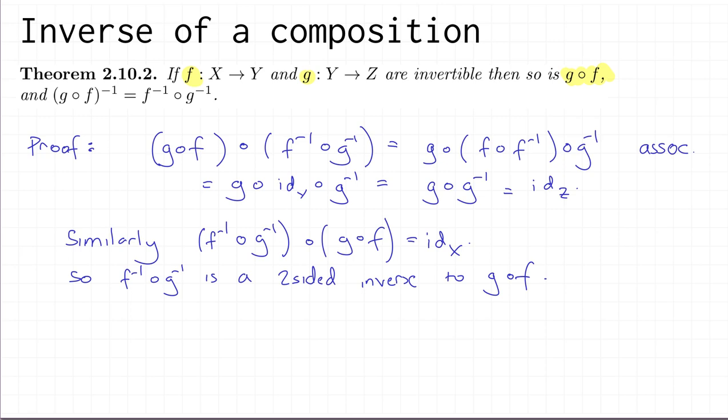Alright, so the important thing to remember here is that you are composing the inverses the opposite way round, right? The inverse of g composed with f was f inverse composed with g inverse, so the opposite way round to the original composition.